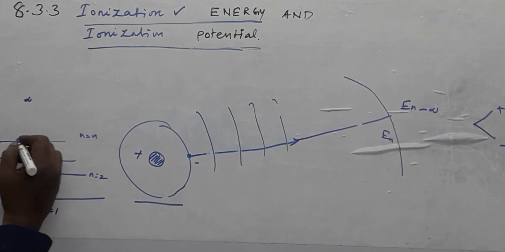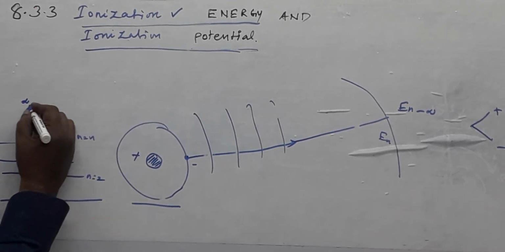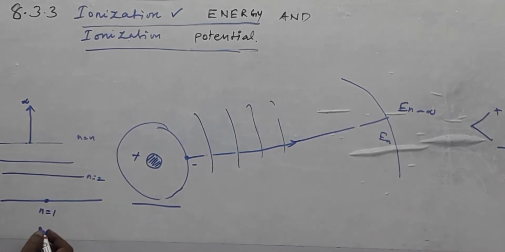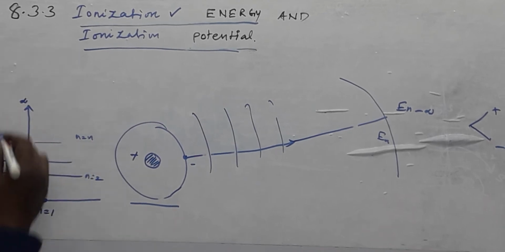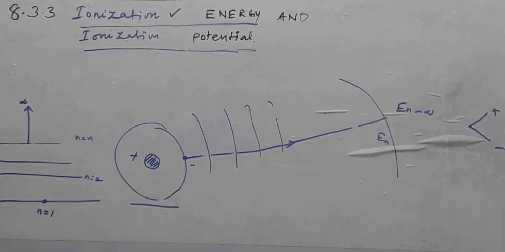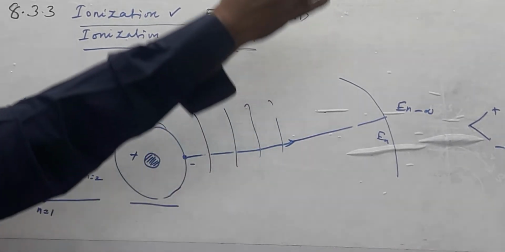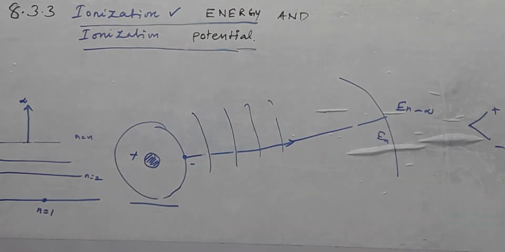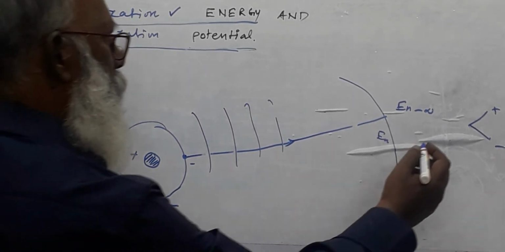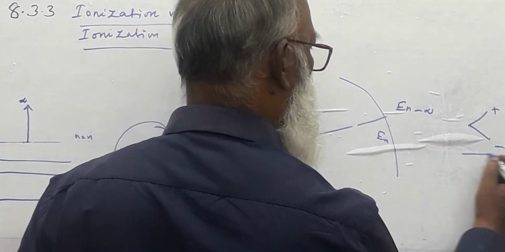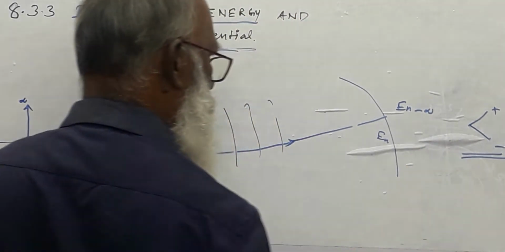This is called infinity. The amount of energy needed to bring the electron from the first orbit to infinity, or from n to infinity, is the same: from the nucleus to infinity. That amount is called ionization energy. At this stage, when initially it was neutral, it is no longer neutral; it may be an ionized particle.